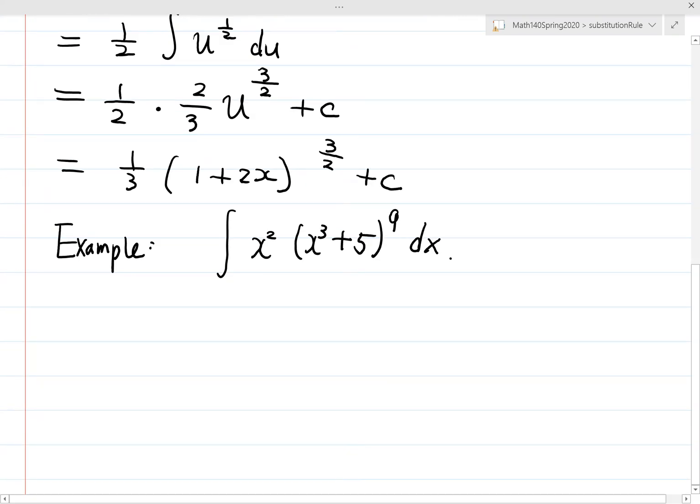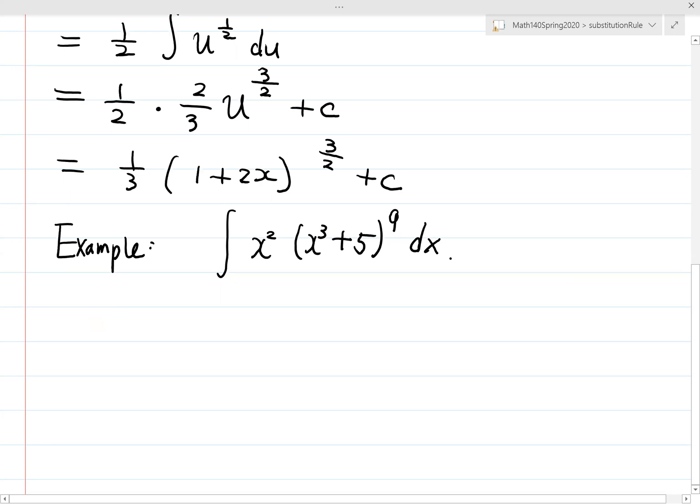You may ask, okay, for a polynomial, we can always expand it and then apply the power rule. In theory, we can do it in that manner. But in practice, this power 9, if you expand that thing, the algebra will be really ugly. So we will avoid that. Instead, we will try to use the substitution rule.